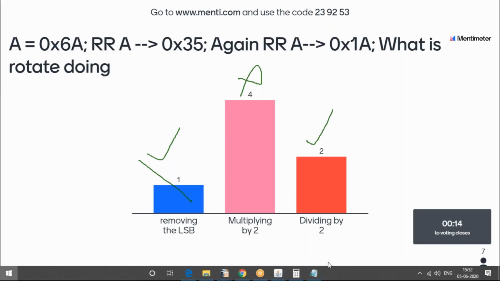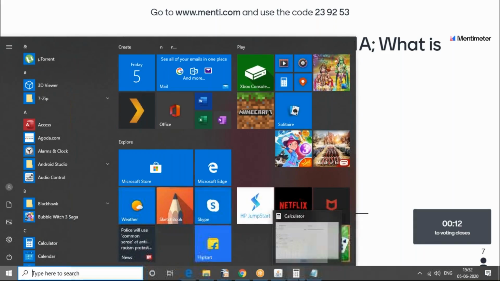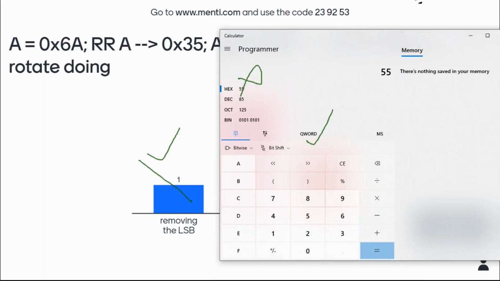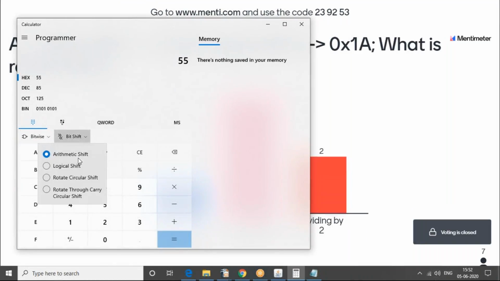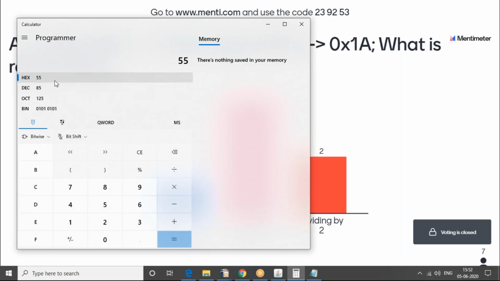So we will try to look at it from a decimal perspective on this calculator, and then see how it makes sense as a division, and then we will try to come back to hexadecimal and see what's happening. So there is an arithmetic logic shift here. I will take the same value 80 in hexadecimal. That gives the number 128.